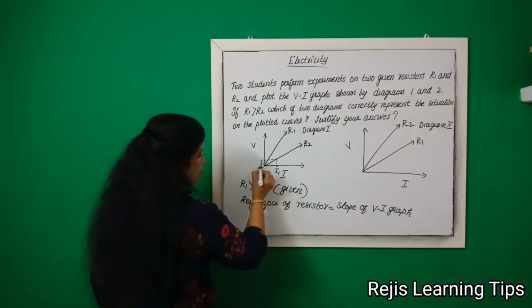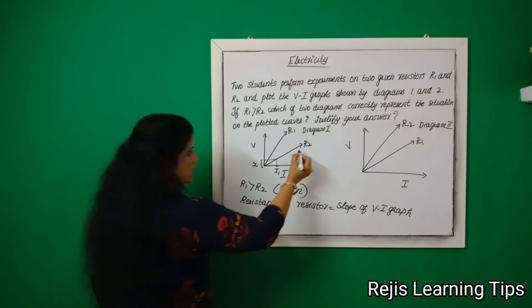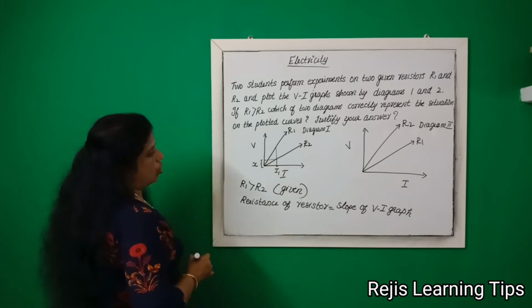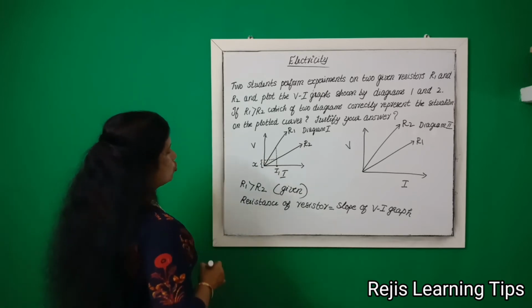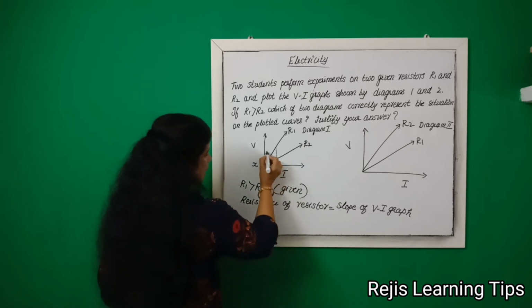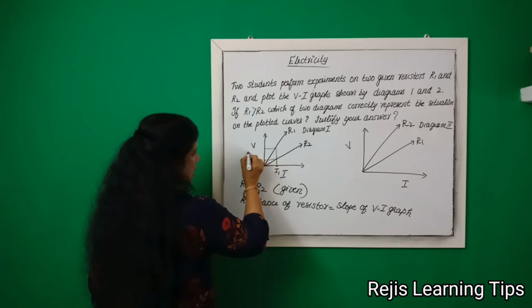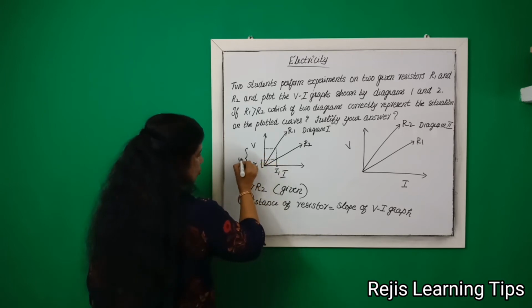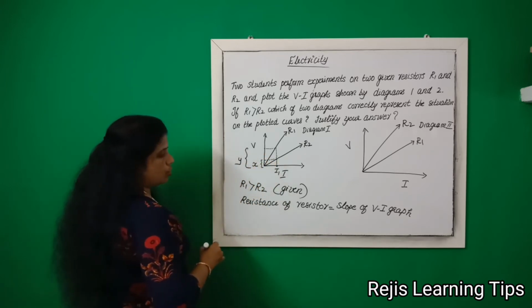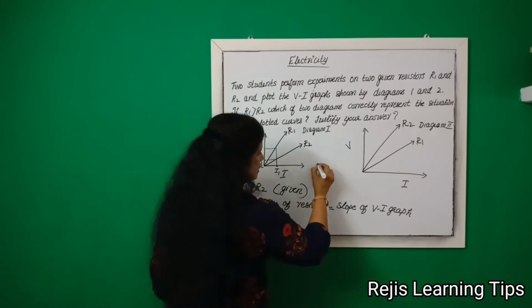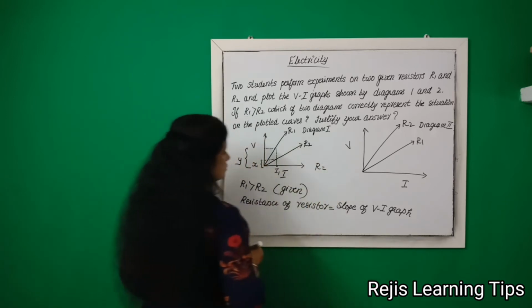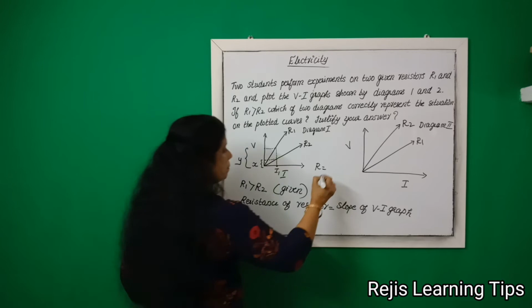This value we can represent by x, in the case of R2. A dotted line parallel to the y-axis, and then another line parallel to the x-axis, this distance is equal to y. So then R is equal to V by I.